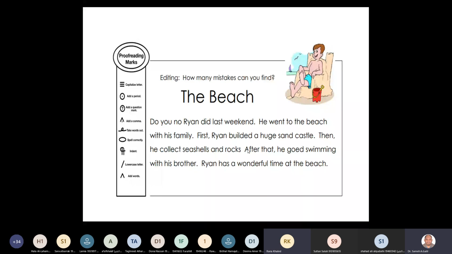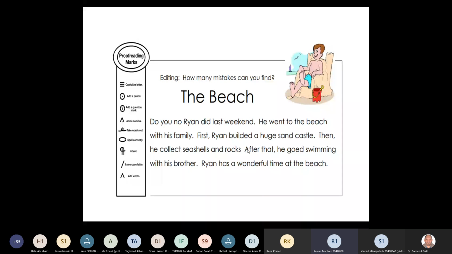What's your name? Rawan. Go ahead. In the third line, after that, he wrote the A with a capital letter, and we don't have a full stop. Can you read the sentence? Yes, he collects shells and rocks. After that, he go to swimming. The first mistake is we should add a full stop, and then start after with a capital letter.